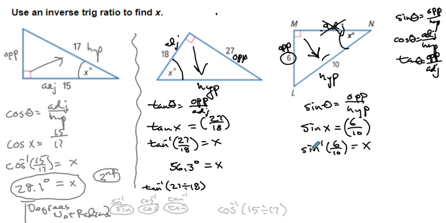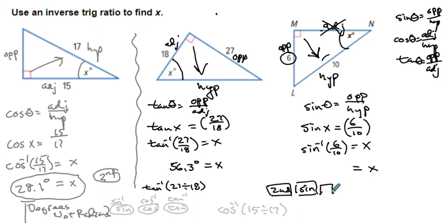So the sine inverse of this, you're going to use your calculator. You go second button, you hit sine, and then the parentheses should be in there.